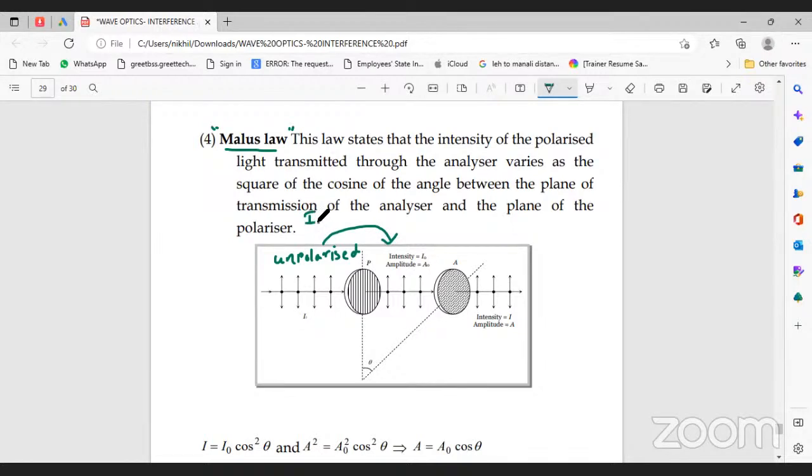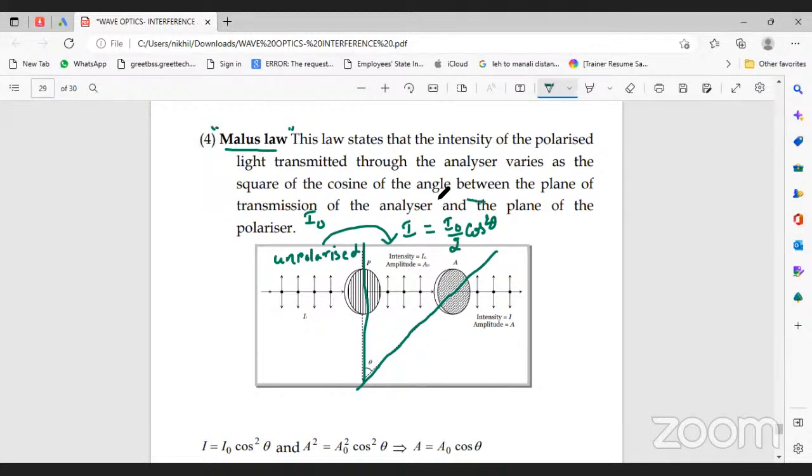If I naught is the intensity of the unpolarized light, after converting to polarized light, the intensity will always be equal to I naught by 2 into cos squared theta. What is theta? Theta is the angle between the polarizer axis and the analyzer axis.